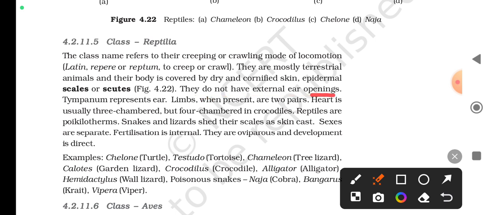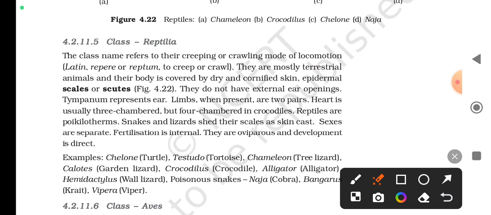Next, they do not have an external ear opening. Tympanum represents the ear. In amphibians, when I taught you amphibians, I told you that only the tympanum membrane is present, and this tympanum, which we call the eardrum, represents the ear.